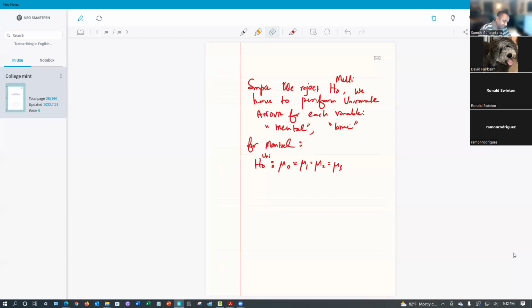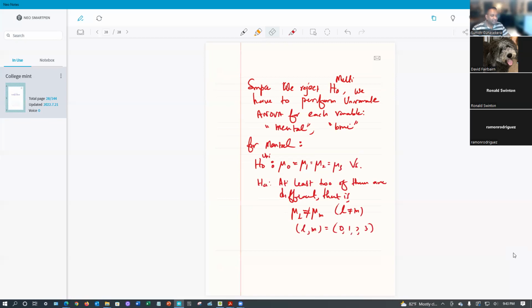Versus its counterpart, at least 2 of them are different. That is, mu L, mu M, they're not the same. L and M are not the same, but L, M and N can be assigned 0, 1, 2, and 3. Or in plain English, you can say that for mental, those are not the same.